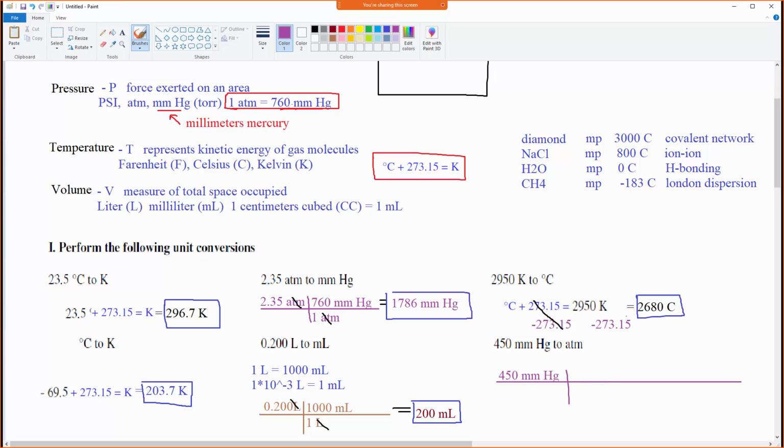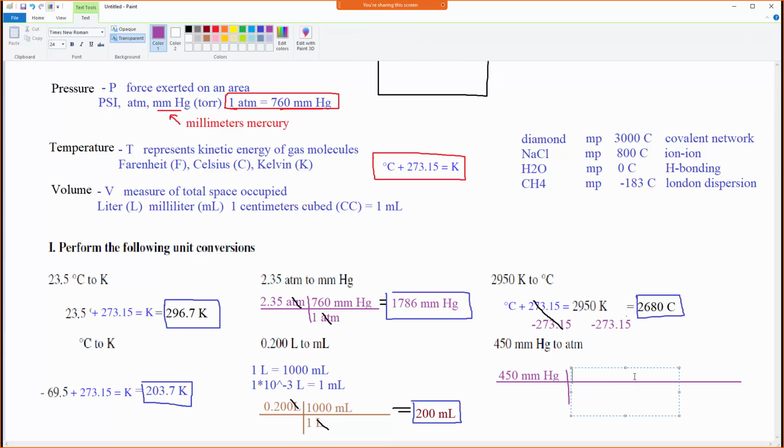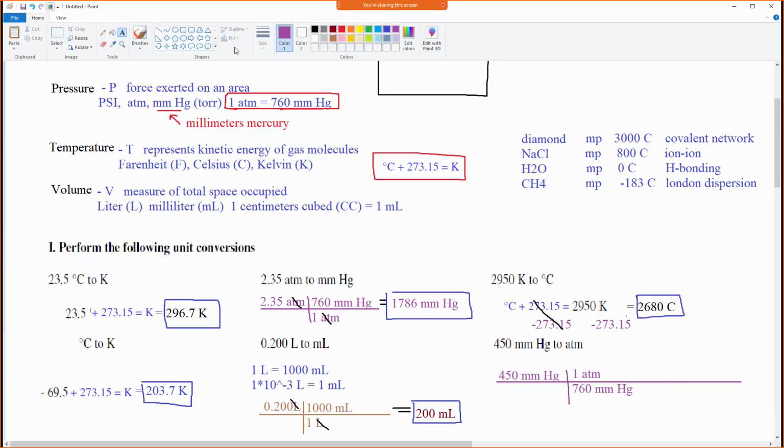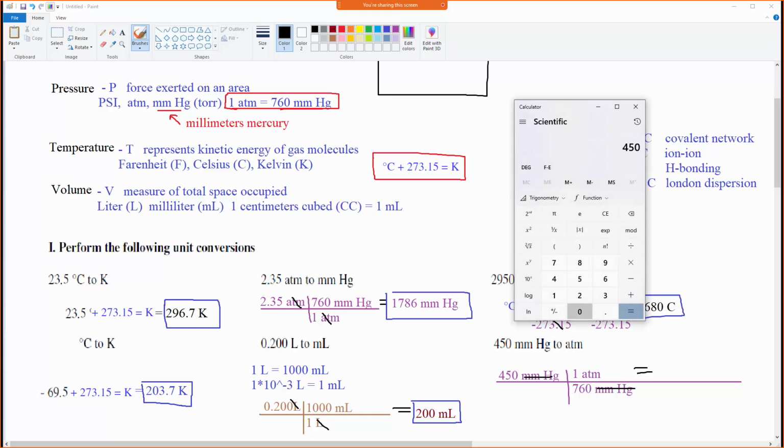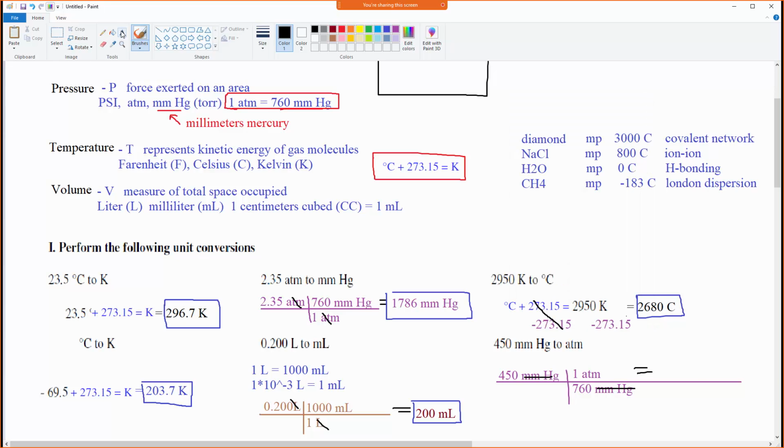We know that 760 millimeters of mercury is equal to 1 atmosphere. And then, of course, we note our millimeters of mercury cancels. So when we plug this in, we're going to get 0.592 atmospheres.